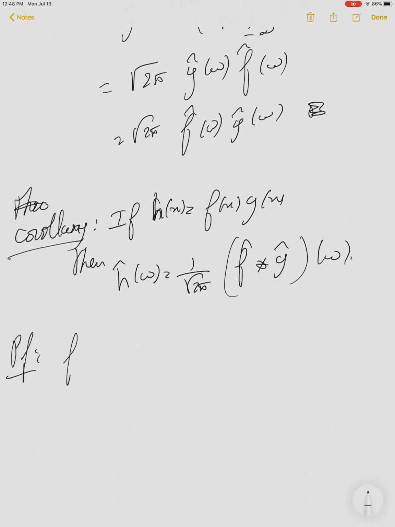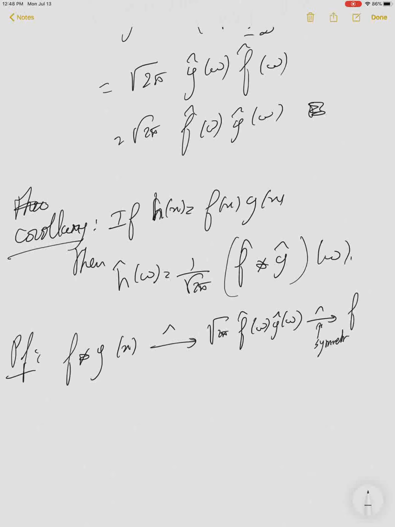Proof, I will use symmetry. So f convolve with g at x. If you do convolution, you get square root of 2 pi f hat of omega g hat at omega. Applying Fourier again, by symmetry, we should get the function f convolve with g at minus x.